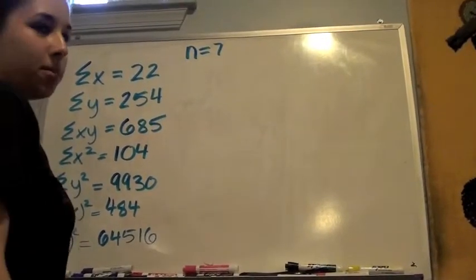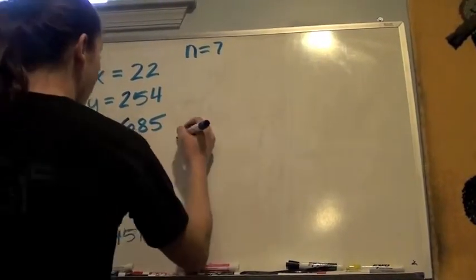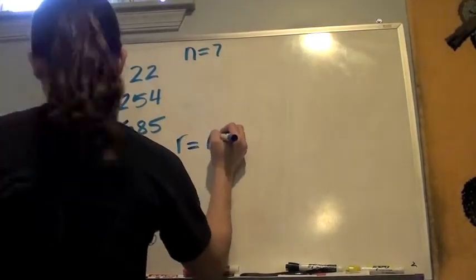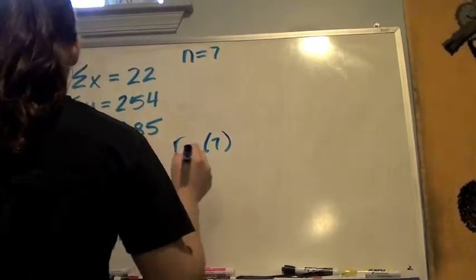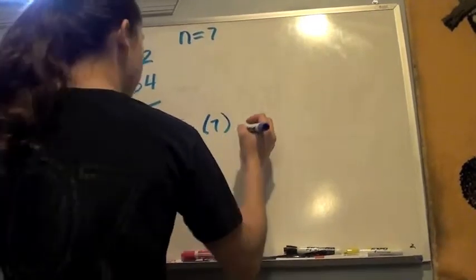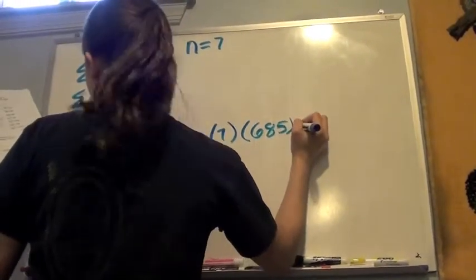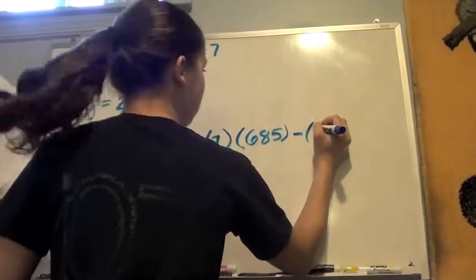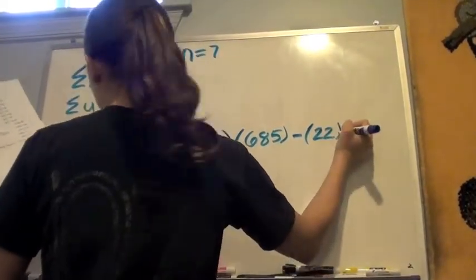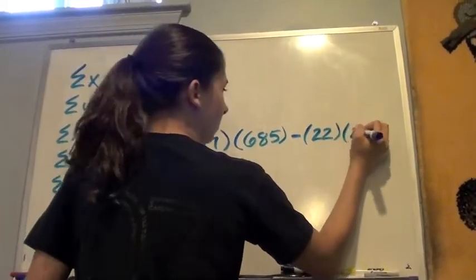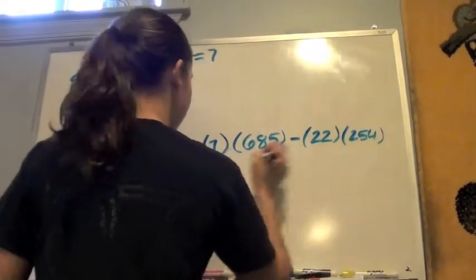We're going to fill out the formula that I showed you before. So r equals n, which is 7, times sum of x, y, so 685, minus sum of x, 22, and sum of y, 254. And that's the top part filled out.